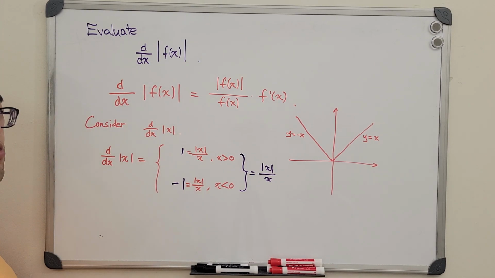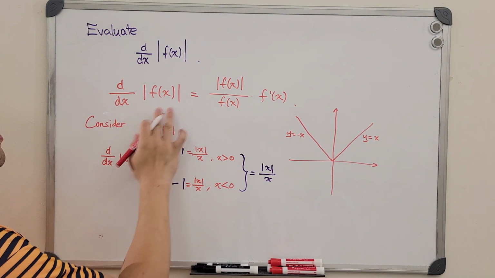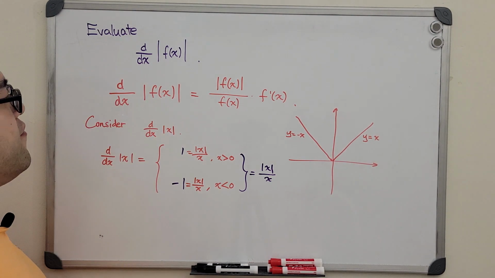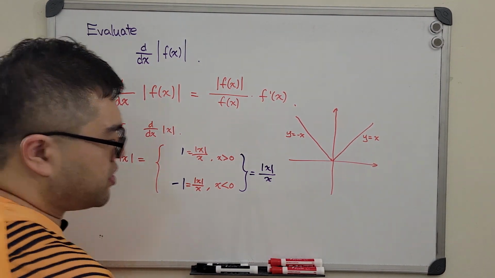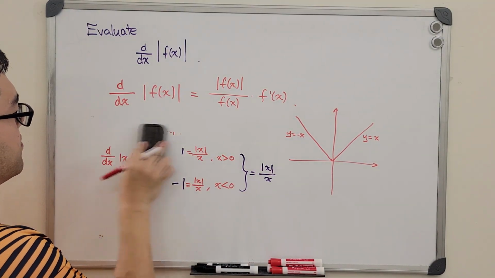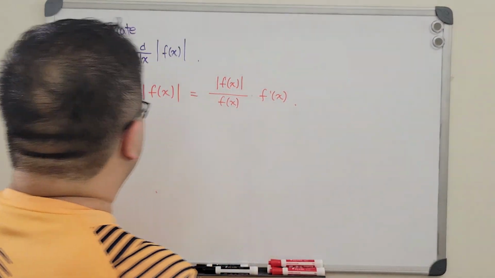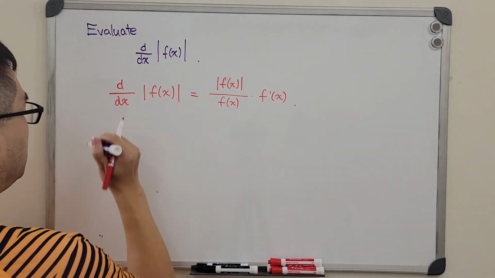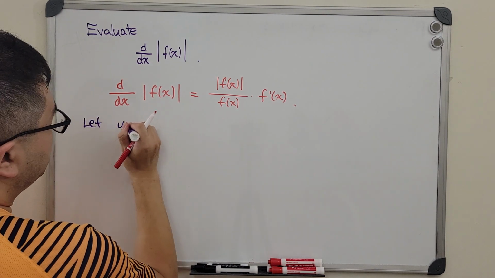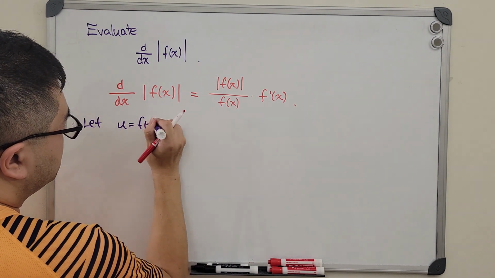Then we can now use u-substitution to take the derivative of any function. So here is what we can do. Let u be equal to f of x.